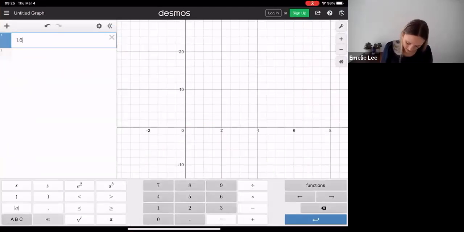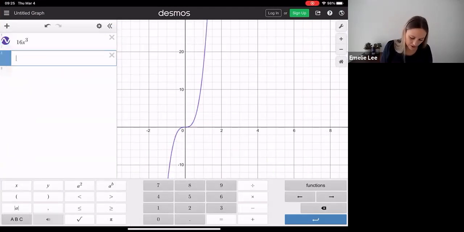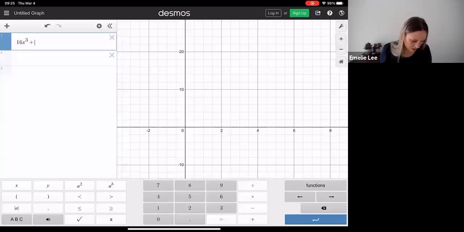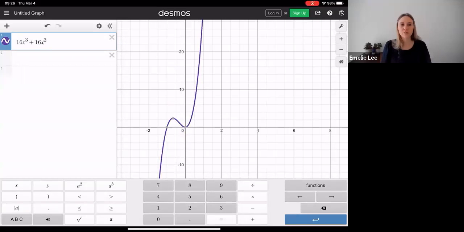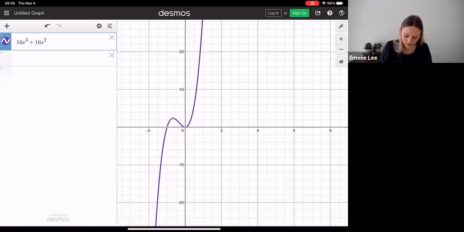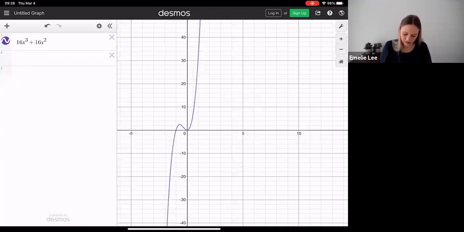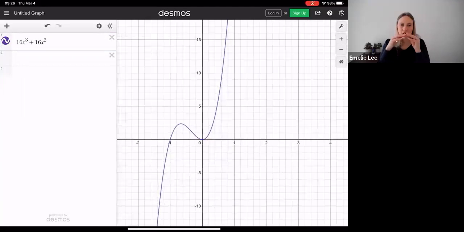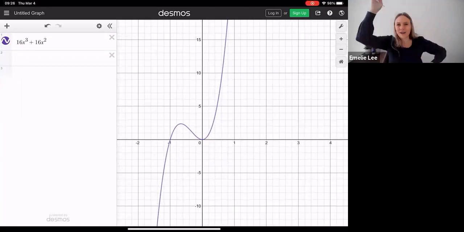So we've got 16x to the power of 3. Make sure you step that down, plus, so you're not adding 3 plus 16, that would be a different function, plus 16x squared. That's going to be my first graph. And just like I expected, there is some activity here in the middle, but overall, the overall shape is like this.